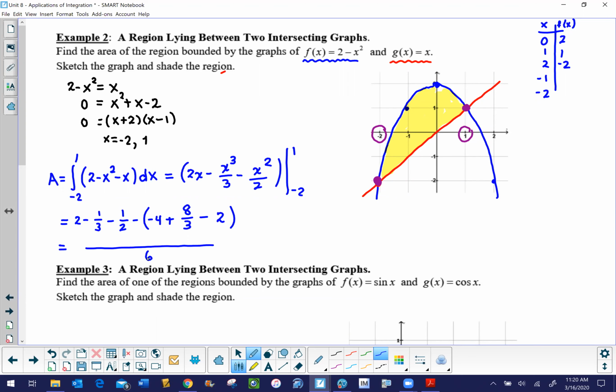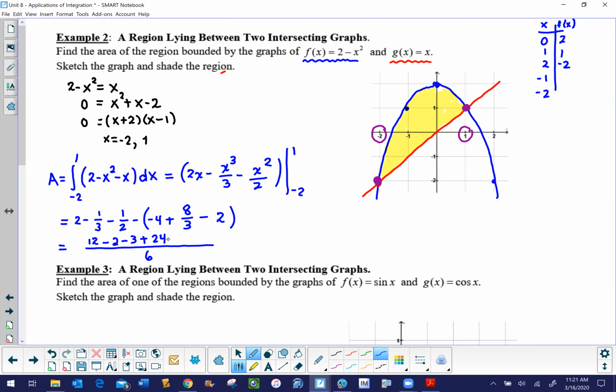You could also combine the like terms that are constants, or integer values. You can really do this a variety of ways. If I get the common denominator of 6 all the way across the board, I'll have a 12 to take place of the 2. The 1/3 would become a 2/6 with a minus in front. The 1/2 would become a 3/6 with the minus in front. 2 negatives make a plus. 4 would be 24/6.